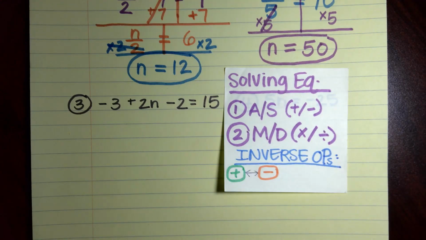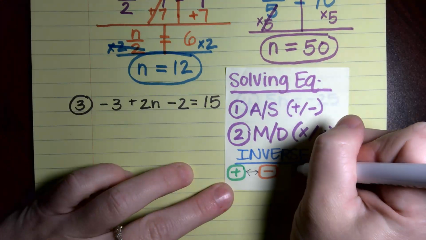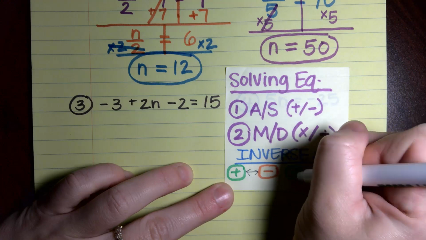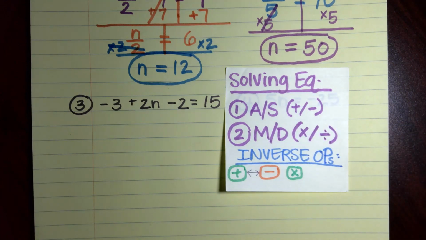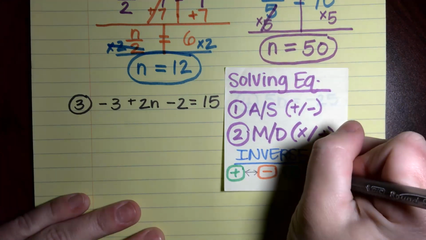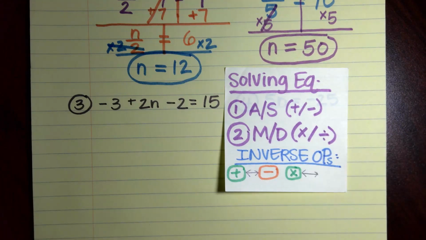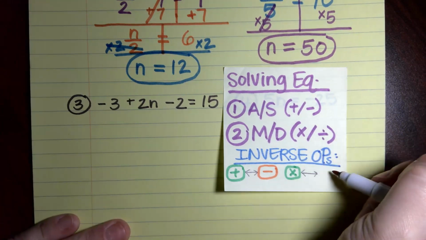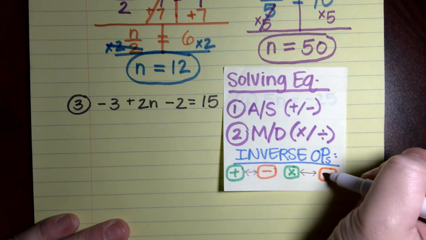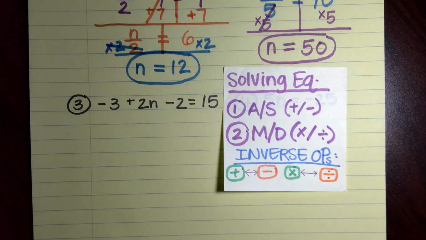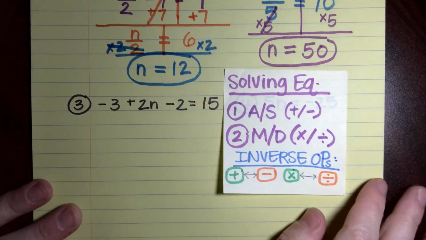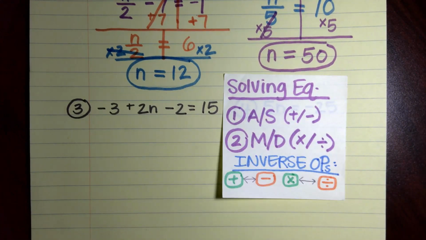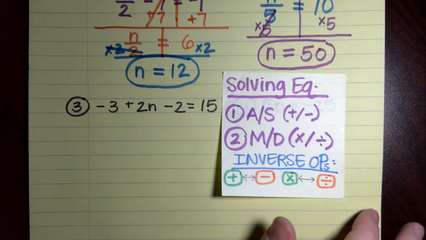And then if we have multiplication, the opposite of that is division. So this is just a little reminder of what we've been working on. And we can kind of follow this guide for these types of problems.